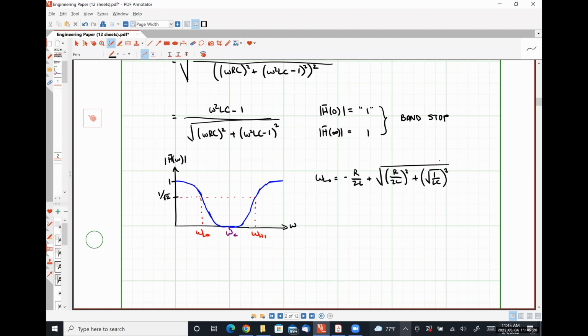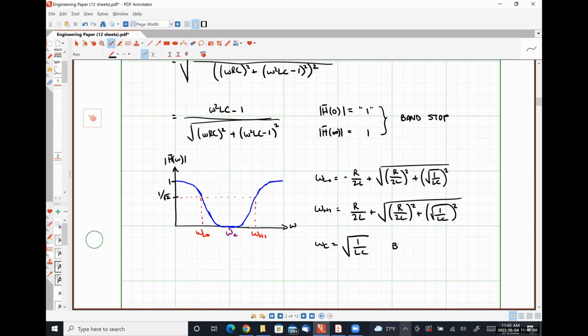Omega high is positive R over 2L plus the square root of R over 2L squared plus 1 over LC. And omega C is the square root of 1 over LC.